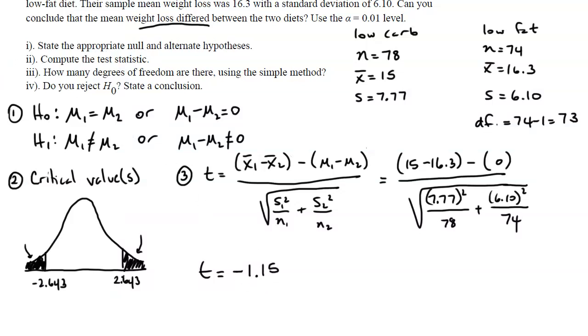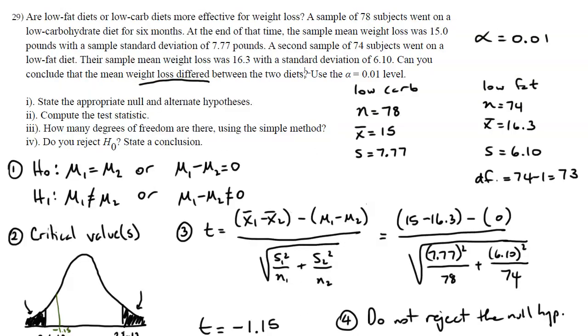So we see negative 1.15 is somewhere here, isn't it? It's not in the rejection region. So step 4, do not reject the null hypothesis. Step 5, well, which one was the claim? The claim was that they differed.